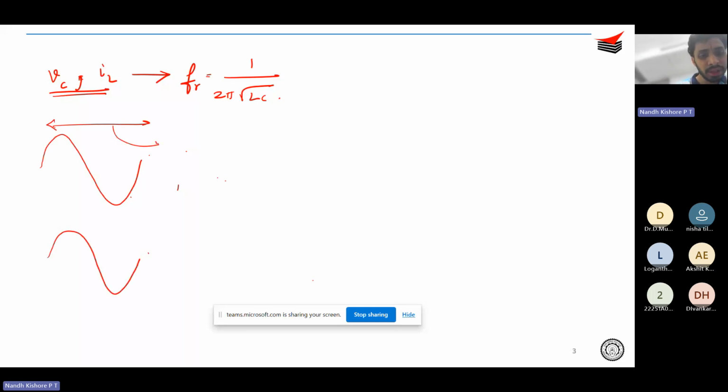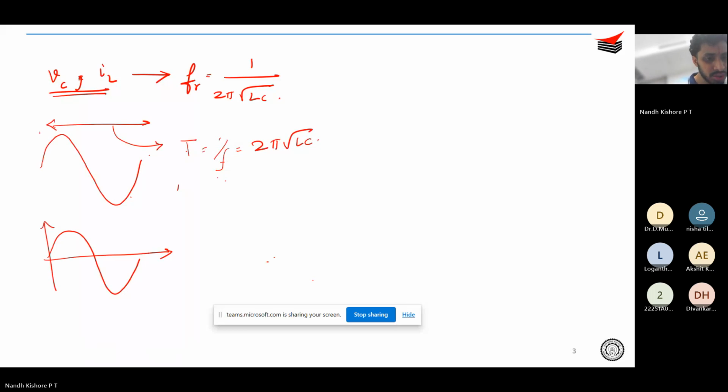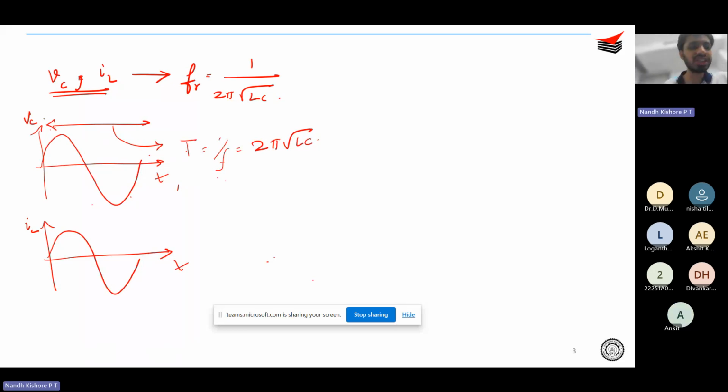And what will be this T? The time period is equal to 1 by frequency, so the time period will simply be 2 pi root LC. Correct? So this will be your IL. This will be VC. Is this understood?